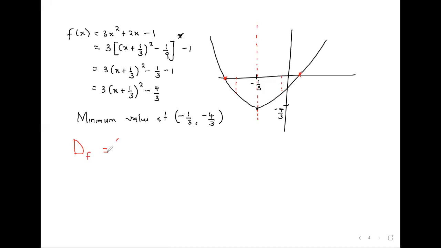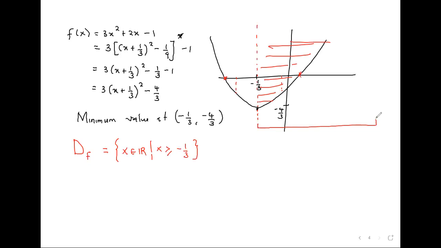So we'll say, let it be x a real number such that x is greater or equal to negative 1 over 3. So I've picked the right, I've just picked this part here. So the values of x that will be used are only the values of x from this number going this side.